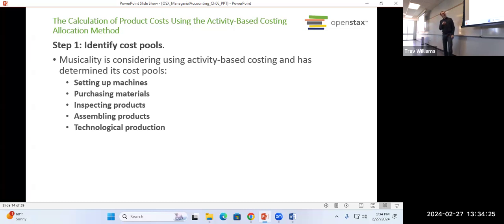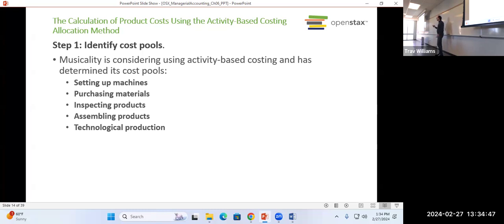So you might have costs associated with setting up your machines. Take some time, might take some certain supplies that you use to set up the machine. You might have costs associated with your purchasing process. Large companies often have a department and all they do is purchasing.